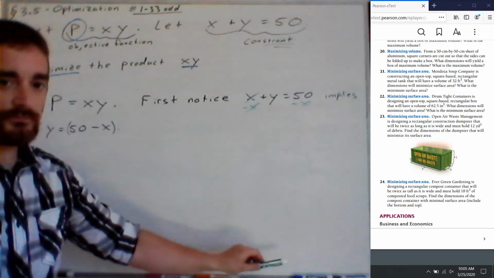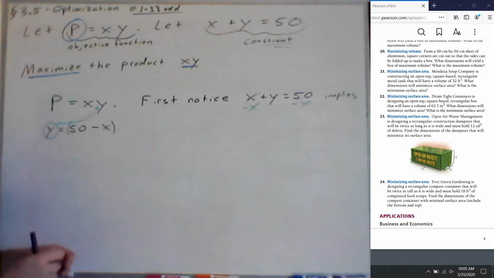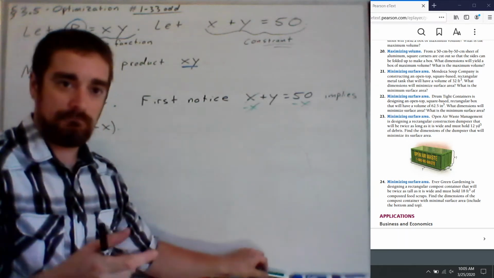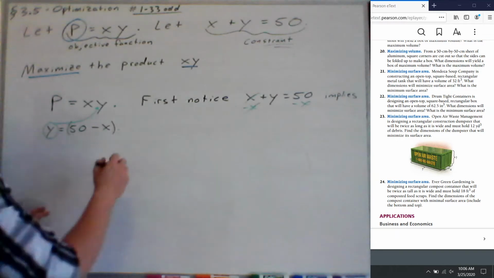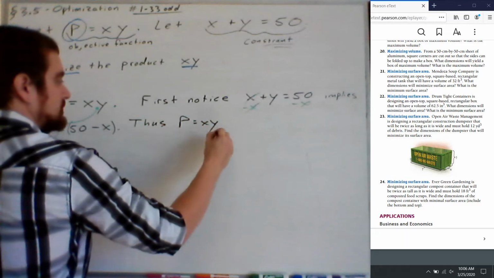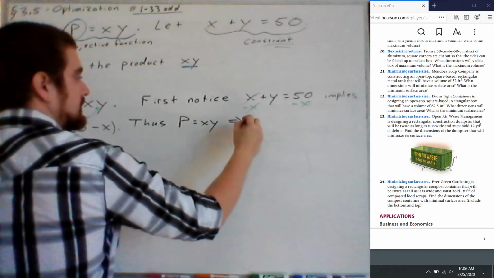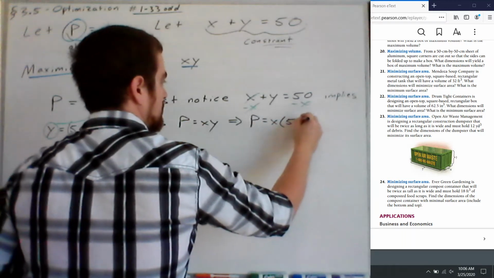So now I can solve for Y. Since I know what Y is, I can plug that into my function P and get a function strictly of X. Thus, P equals X times Y is the same thing as P equals X times (50 minus X), right?